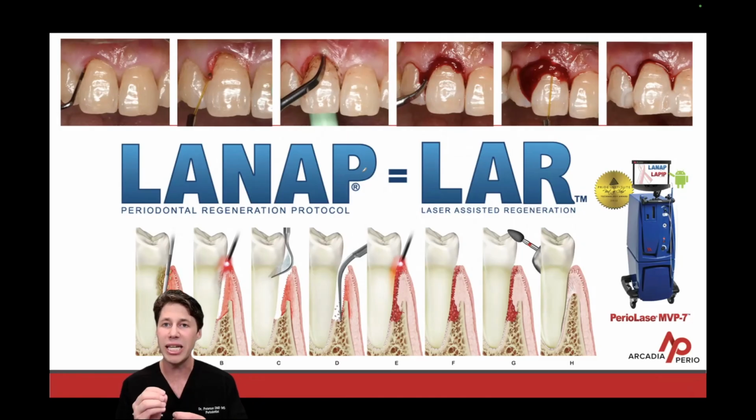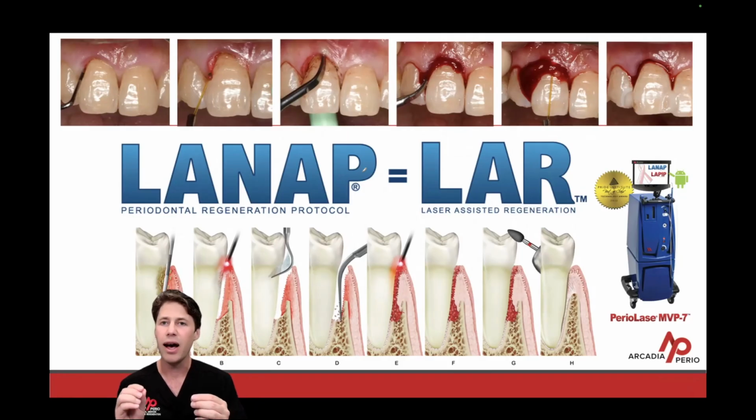In figure C, we are going to remove and debride all the root surfaces with our piezo ultrasonics, a set of 3 different piezo tips used in a sequential order to remove all of the subgingival plaque and calculus. In figure D, we are going to do our blunt dissection and bone biomodification.